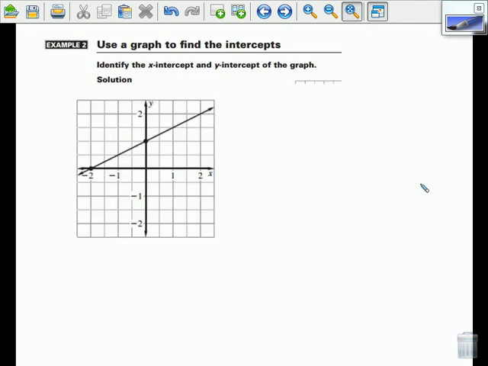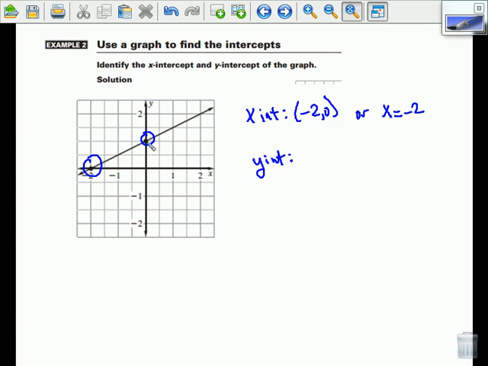In some cases, they're going to just give you a graph to look at, and they want to know the x and the y-intercept. Well, this is hopefully not too difficult. The x-intercept is right here, and that's the point negative 2, 0. Or we could just say x equals negative 2. And the y-intercept is right here.